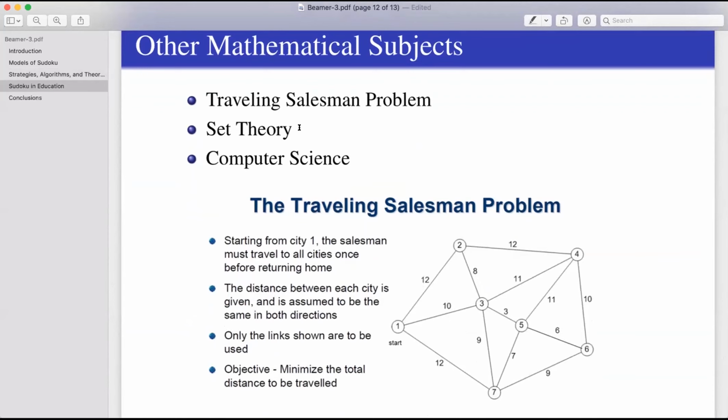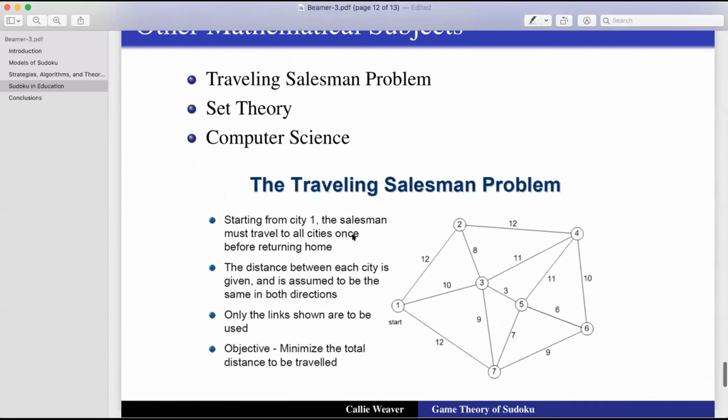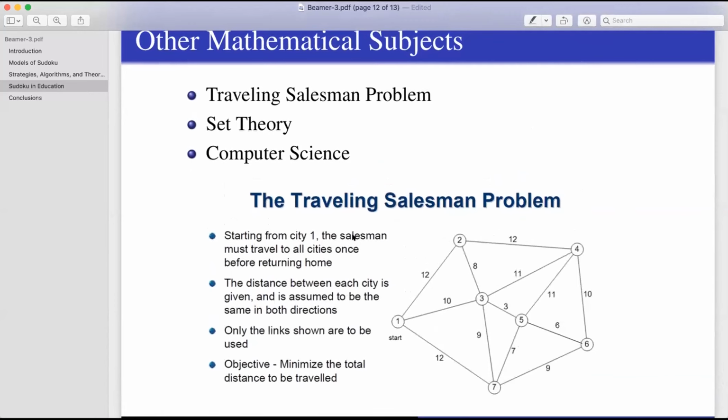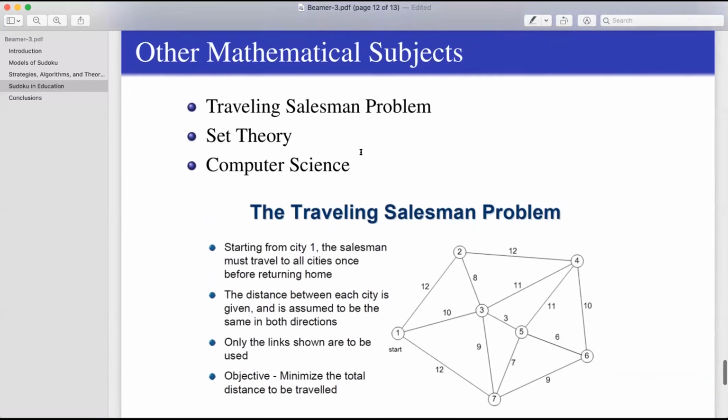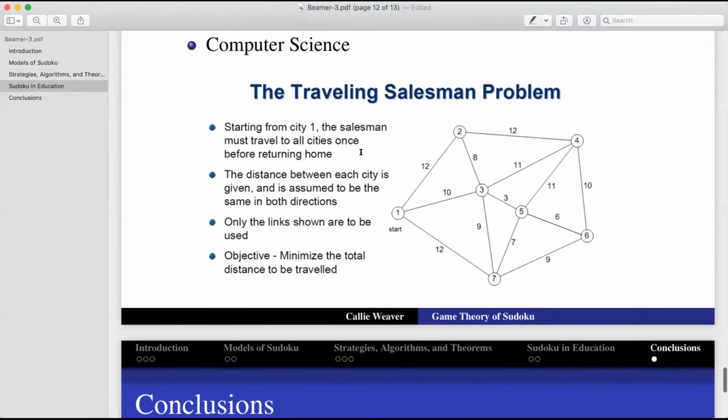It relates to set theory because they use the definitions of complements and sets, because of the possible candidates out of all of the candidates for that possible square. And it also relates to computer science because it can include CNF coding and other ways.